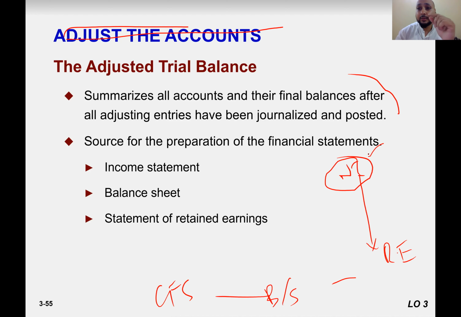Those adjusted accounts move from the balance sheet to the income statement. Before adjusting the accounts, the profit we calculated was not right. So the real sequence is that before making financial statements, you must adjust the accounts.